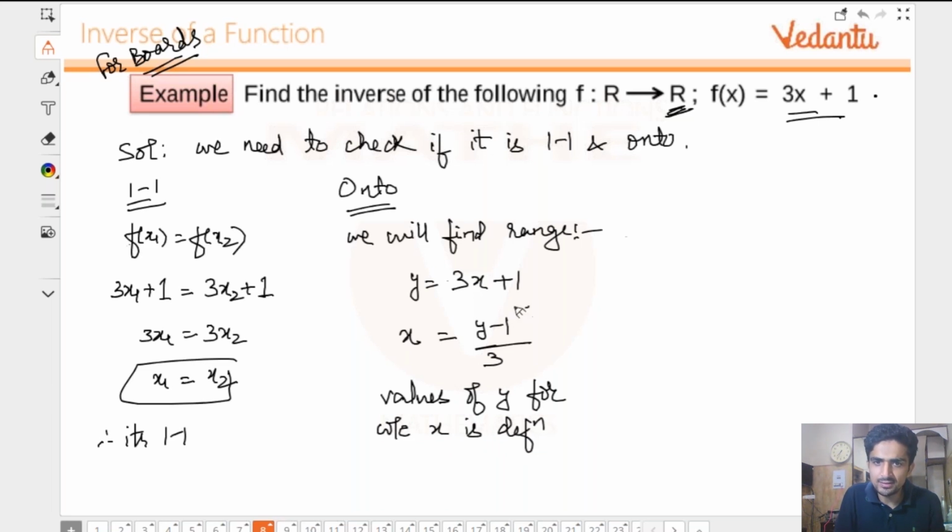Now what is the value of x? This. So the values of y for which this is defined is my range. And it is defined always. It has no problem. So values of y for which x is defined is all reals. Therefore, range is all reals. So function is onto.